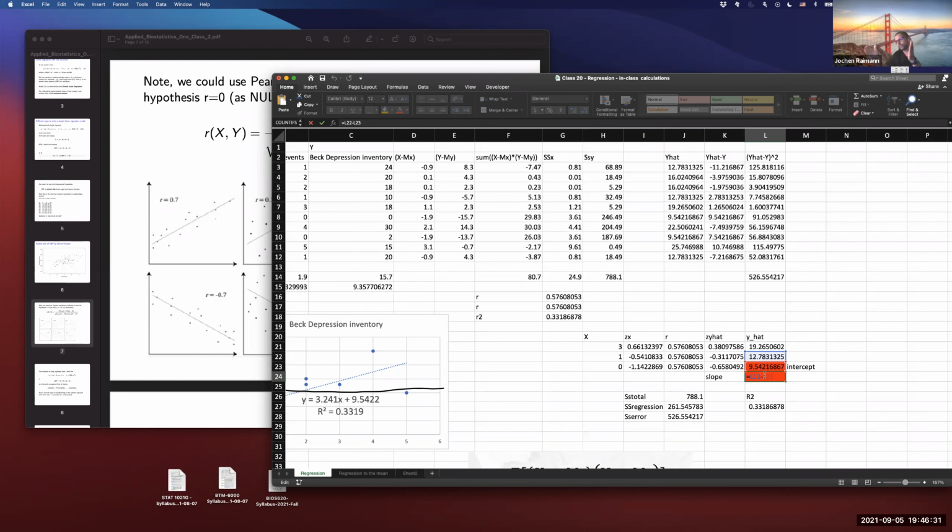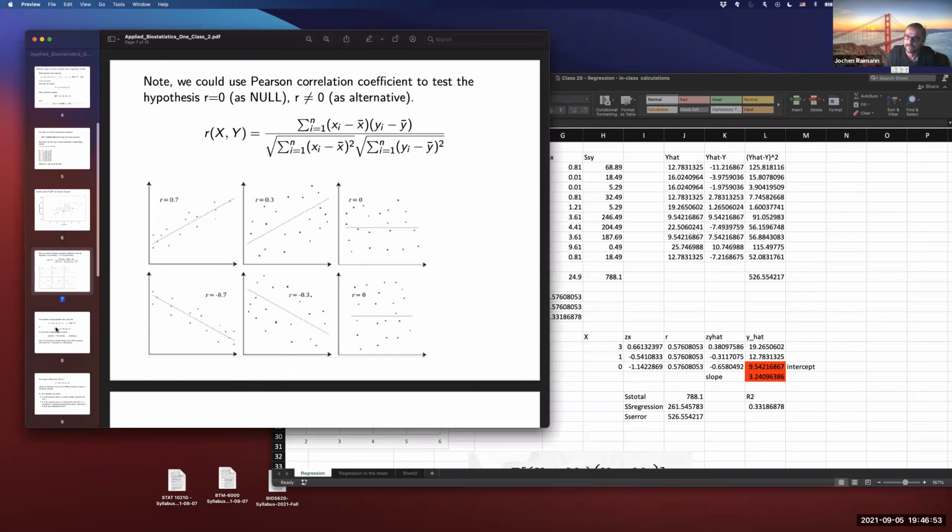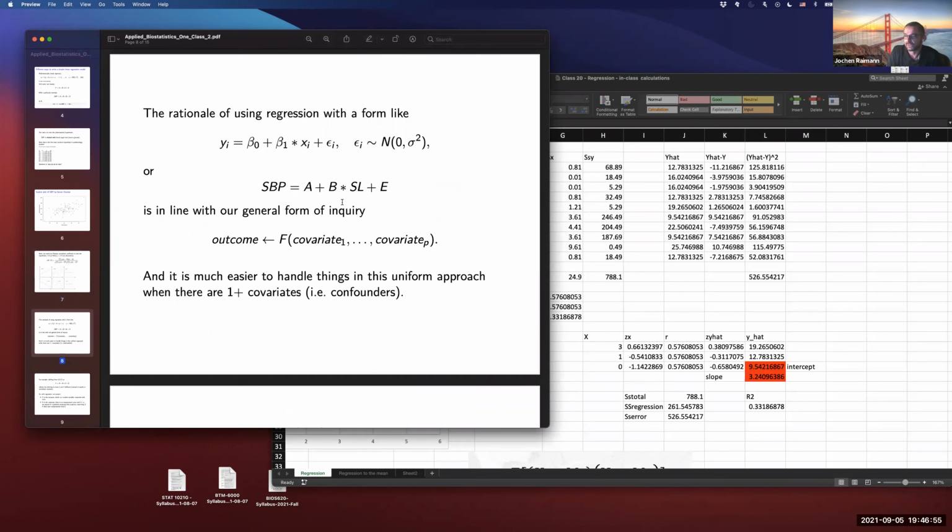So I will post this as a simple estimation spreadsheet as well, so that you can play around with it. But this is how you do linear regression. This is the underlying story with this R here. And this is great because understanding that will allow you to also understand what we're actually looking at here with regression. So we have here yi. This is your intercept, and we have calculated the intercept, right?